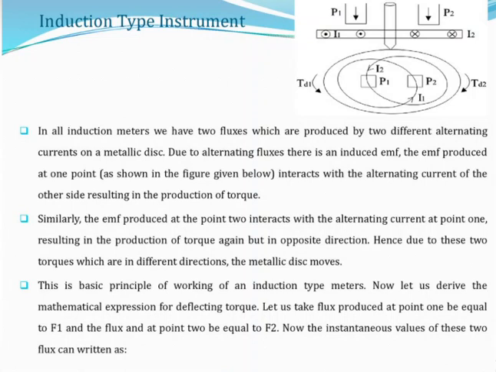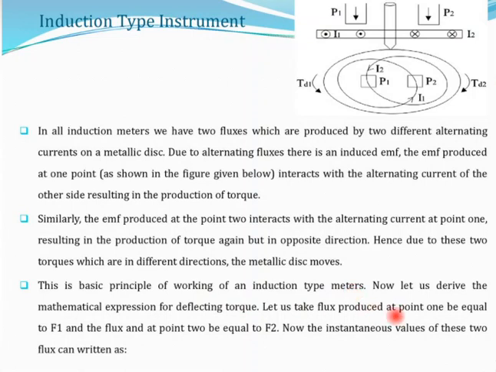This is point 1, this is point 2. Hence, due to these two torques which are in different directions, the metallic disc moves. This is the metallic disc. This is the basic principle of working of induction type meters.